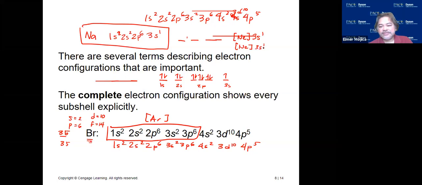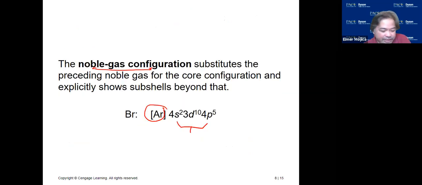You get that? So this whole thing here is the electron configuration of your neon. So you don't need to write them. You just write the argon or the noble gas that it is equivalent to. Okay.